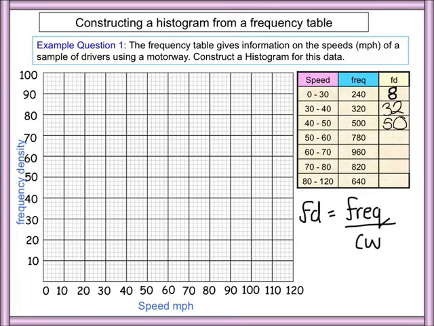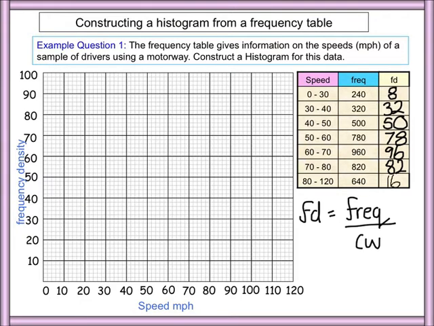The next one's a frequency of 780 with a class width of 10, so 780 divided by 10 is 78. The next two also both have a class width of 10, so I'm just going to divide those quickly by 10. And then the final one has a class width of 40, so I need to do 640 divided by 40, which will give me 16.